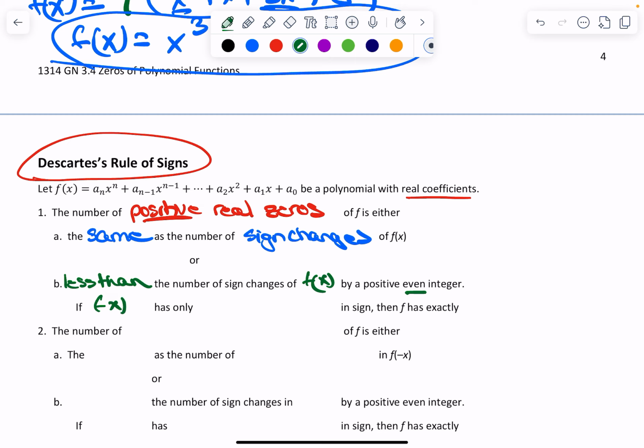If f of x has only one variation in sign, then f has exactly one positive real zero.